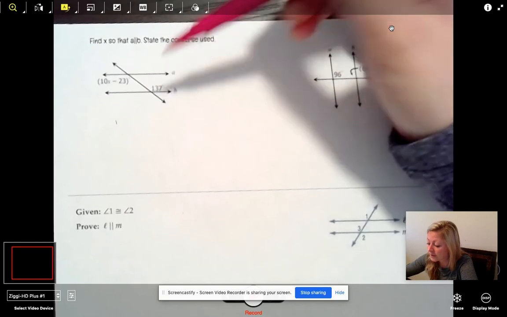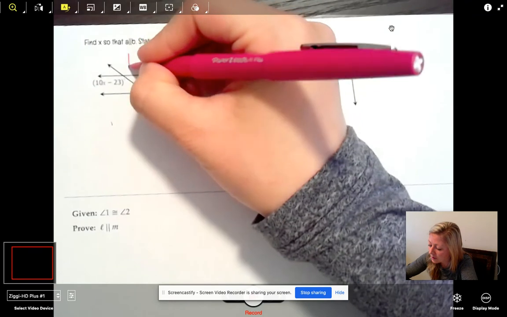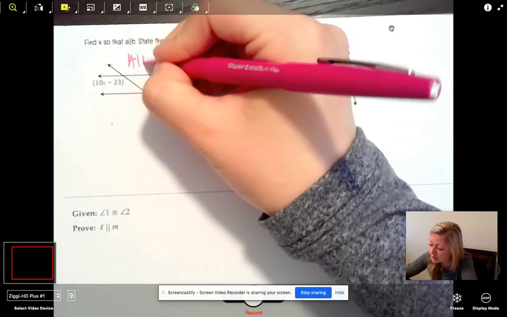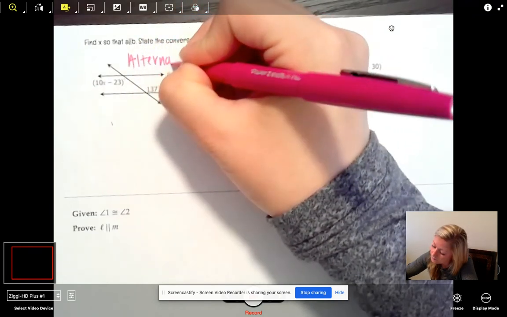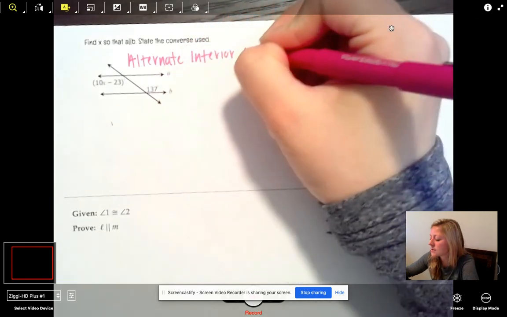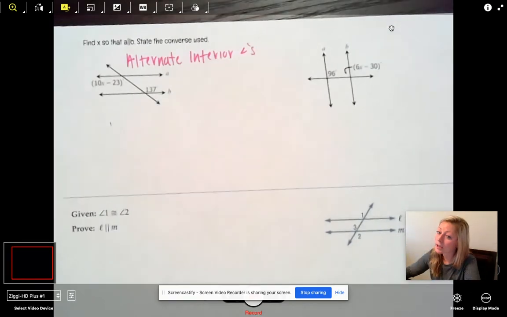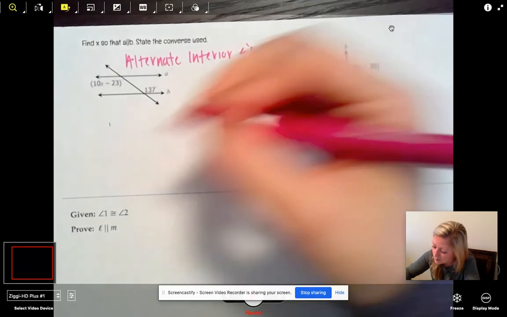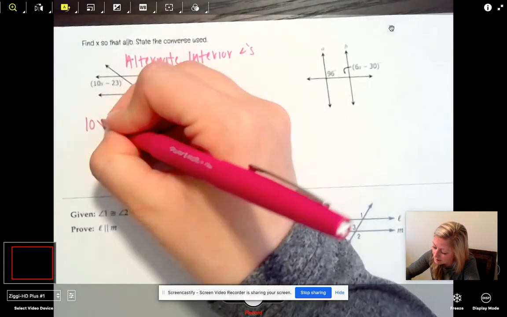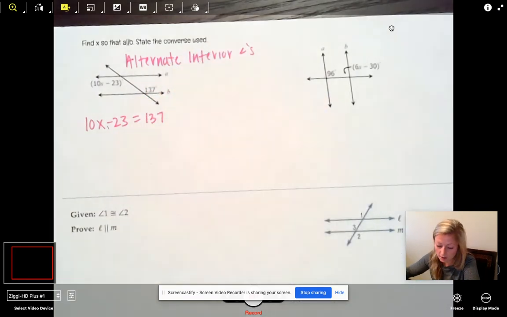So you should hopefully be thinking alternate interior angles. Okay, what do we know about alternate interior angles? Well, we should hopefully be thinking that they are congruent. Yep, so we can write 10x minus 23 equals 137. And now we just solve.